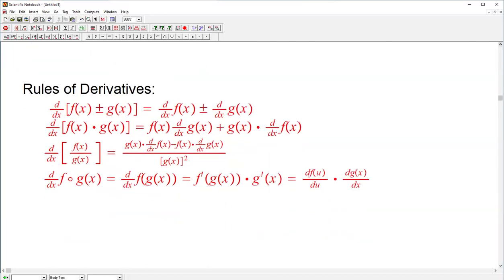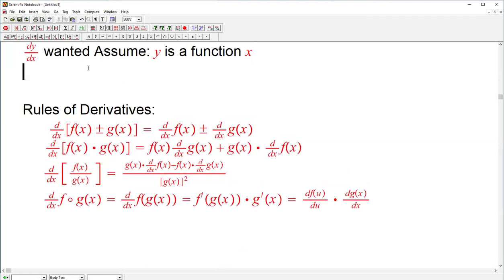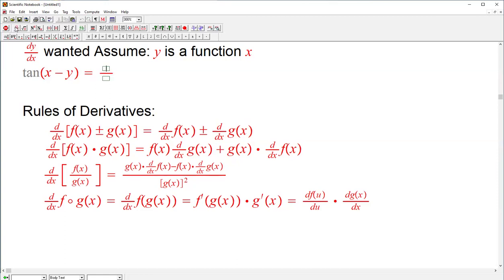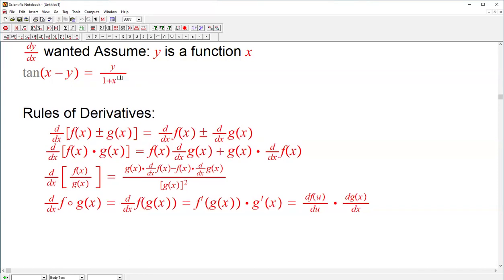And the equation we were given is tangent x minus y equals to y over 1 plus x squared. We got to use the quotient rule. Yay.